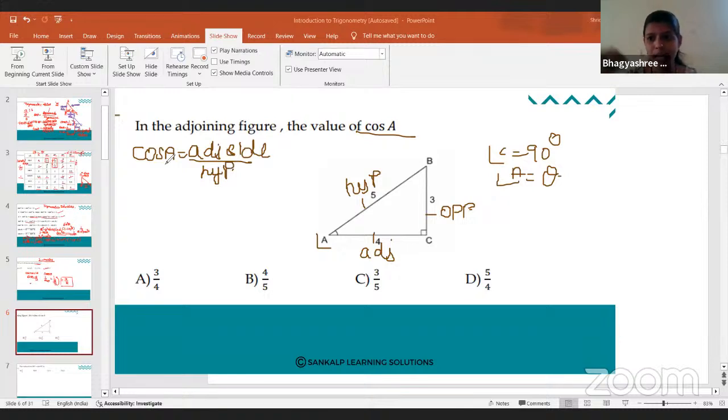So what is the value of the adjacent side here? It is 4 and the value of the hypotenuse is 5. So cos A value is 4 divided by 5. Is it there in the options? Yes, it is there. Therefore, option B is right. Okay. Next.